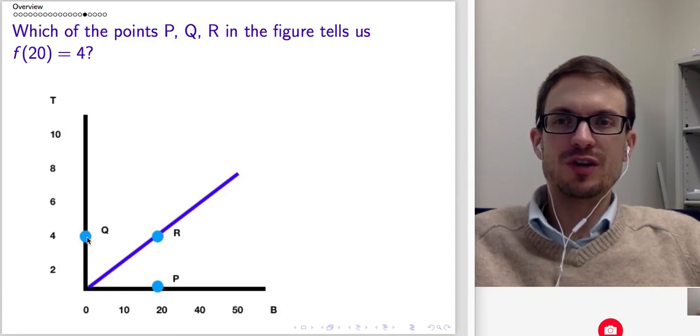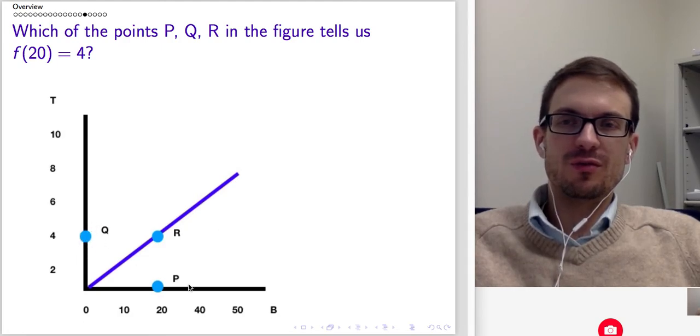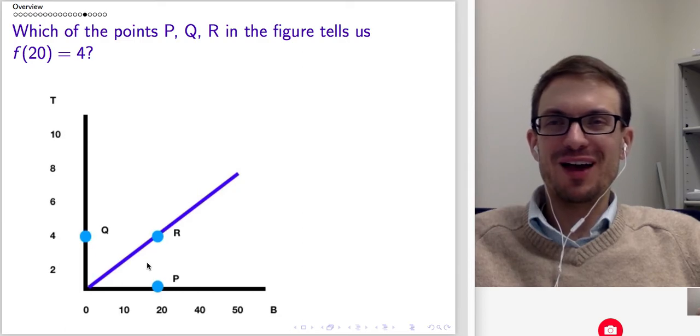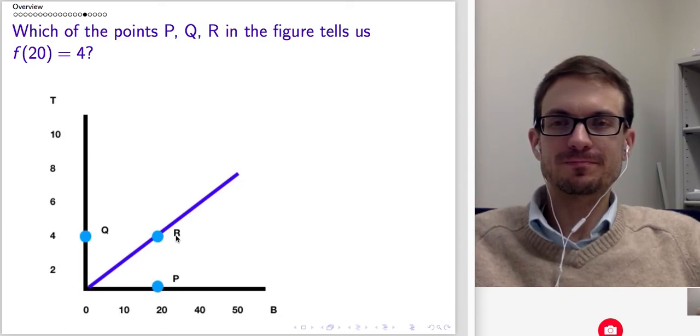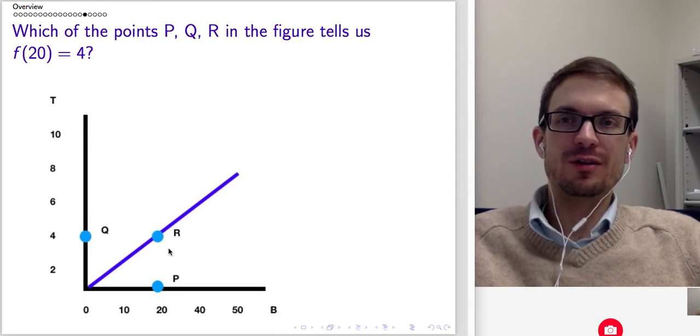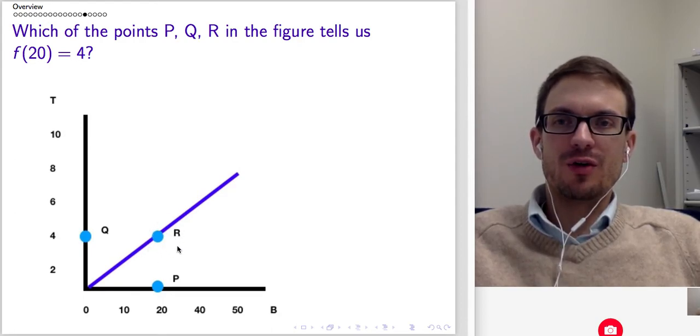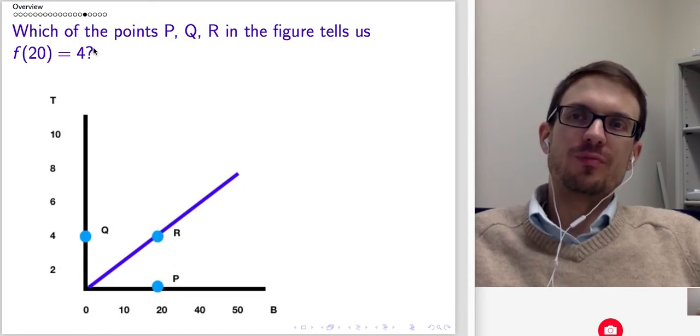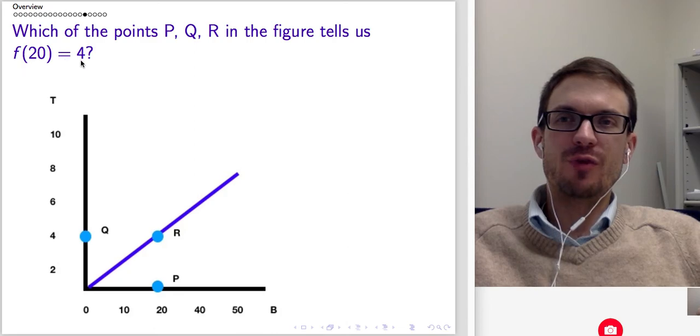So its coordinates are 0, 4. And these are not points that lie on this line. They're not points that are part of this function. But R is, right? R is on the line. R corresponds to the point where f of 20 is equal to 4.